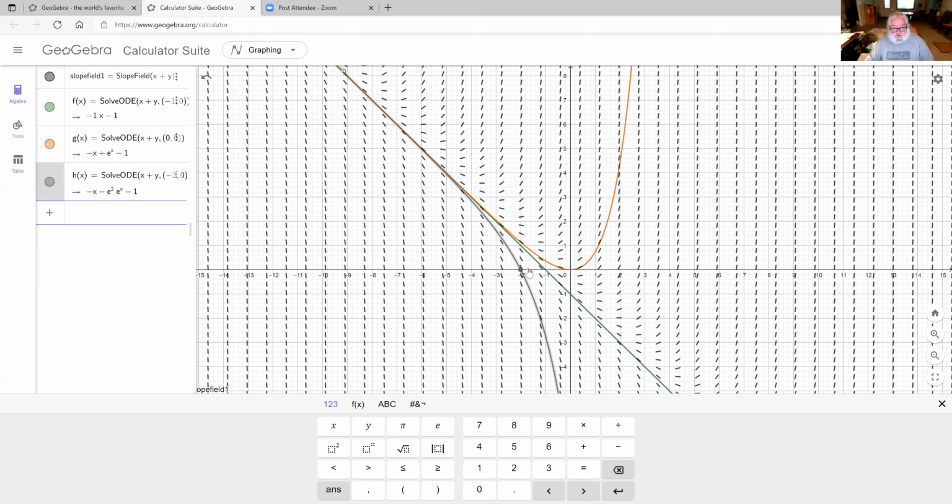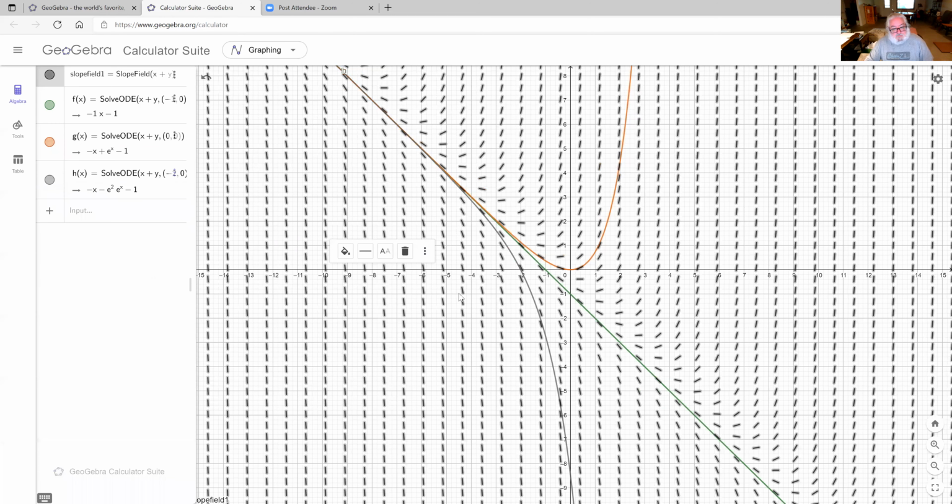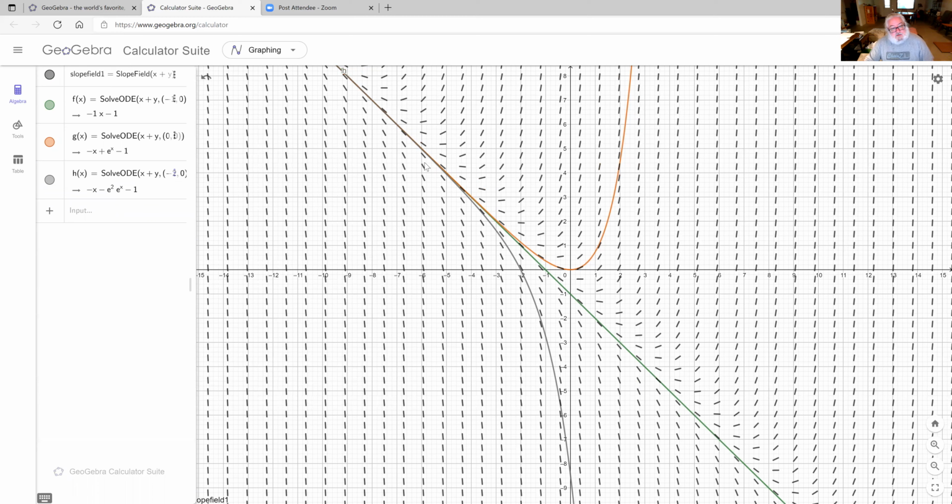Right, so our initial condition is right there, and our gray curve here is the solution that goes through -2, 0. In forward time, it's just getting steeper and steeper going away. So you see there are two types of behavior that most solutions have, either the orange one or the gray one, and then there's a dividing line, the green line, which separates those two types of solutions.